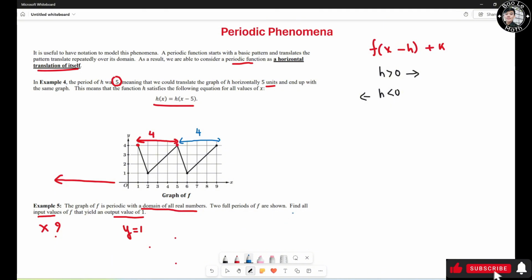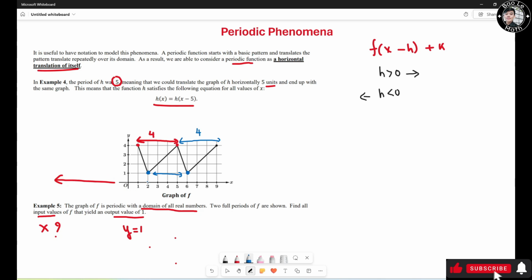Now, the question asks you to find all values of s such that the y value is 1, right? So we look at the bottom right here. We see that the value of y is equal to 1 right at this point and this point, right? And we know that the period is 4. So after a period of 4 units, the pattern keeps repeating, right?